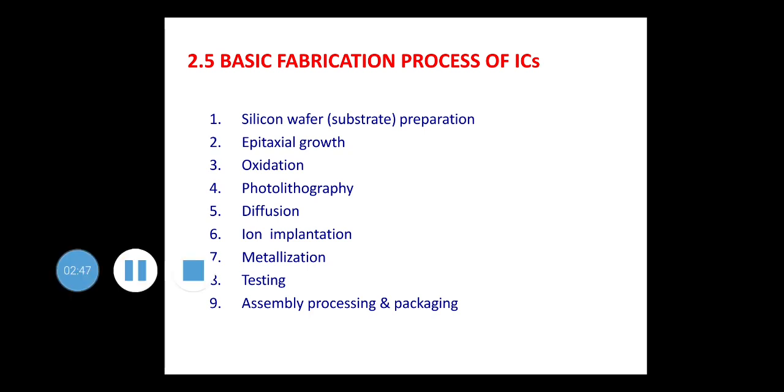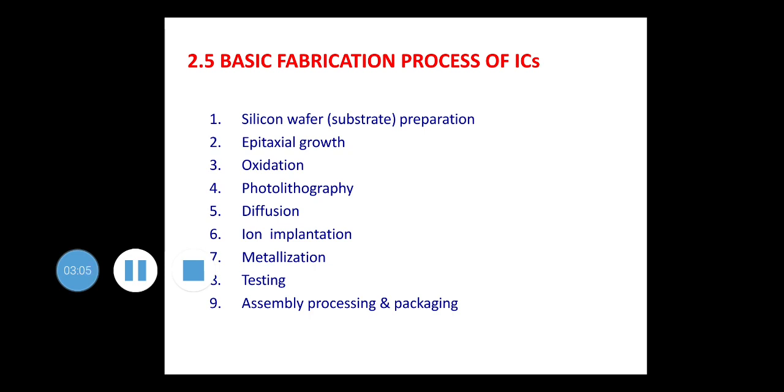So step 1, silicon wafer preparation, is that the silicon is extracted from the sand and a silicon ingot is prepared, and from that cylindrical rod of silicon, the silicon wafers are prepared.